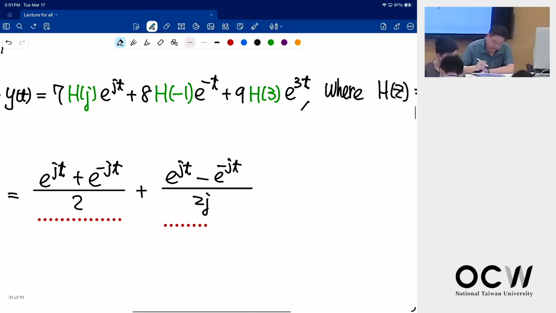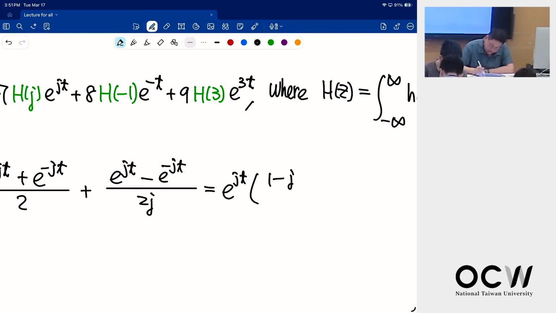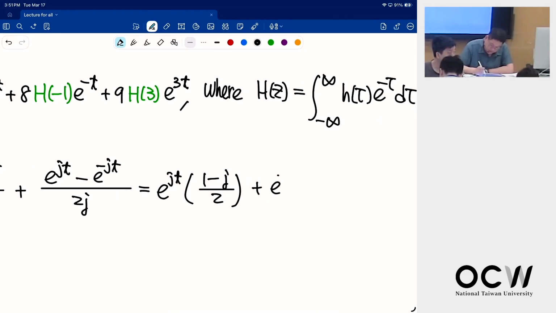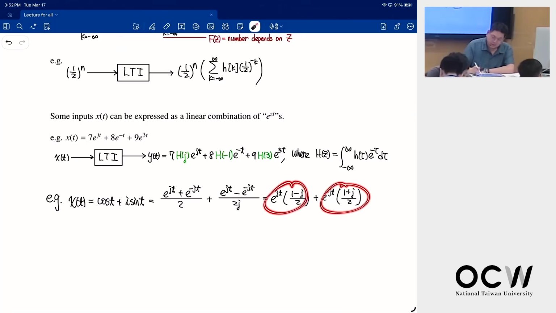So here we have the complex exponential e to the jt with coefficient 1 minus j divided by 2, and e to the minus jt with coefficient 1 plus j divided by 2. Those are our two inputs.